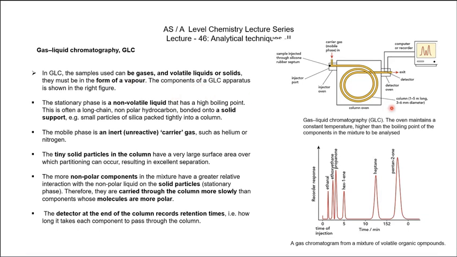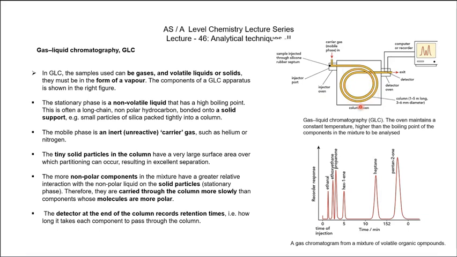So there is a sketch of gas liquid chromatography. This is the injector port. The sample is injected through a silicone rubber septum, and the mobile phase, the carrier gas, is introduced here, and then there is an injector oven to make the sample into vapor form, and then this is a column.